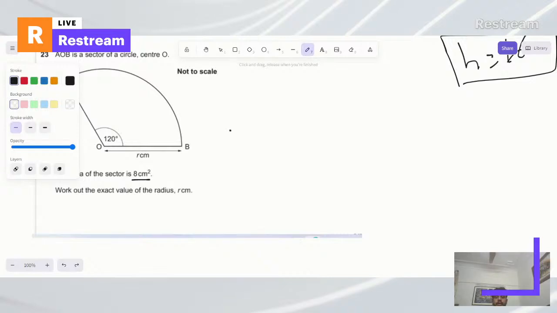So, can anyone tell me the formula for a sector? How do we calculate the area of a sector? What's the formula? Do you guys remember the formula for the area of a sector?